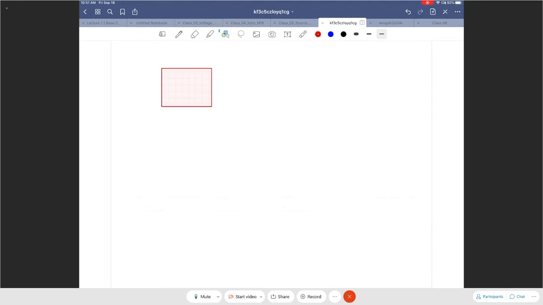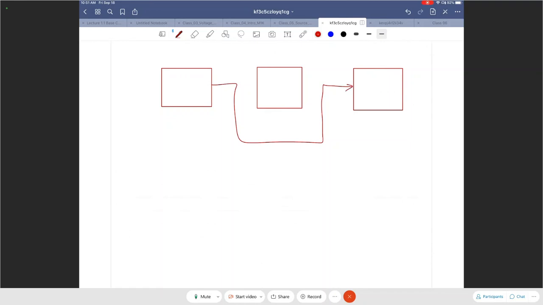So let's say I have a block here, and another block here, and another block here, right? Let's suppose that my goal is to connect logic gate 1 to logic gate 2.